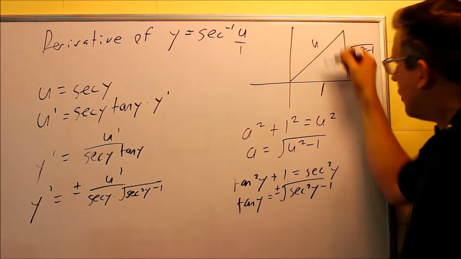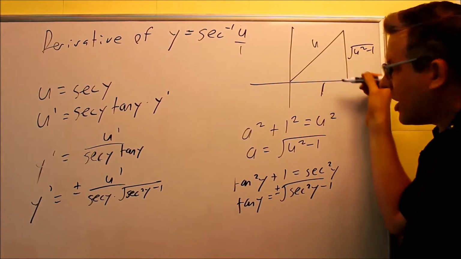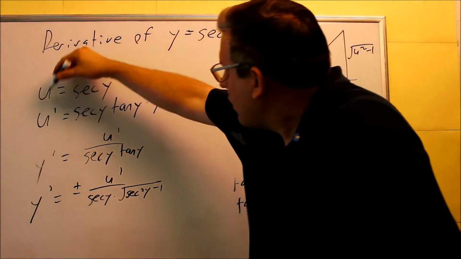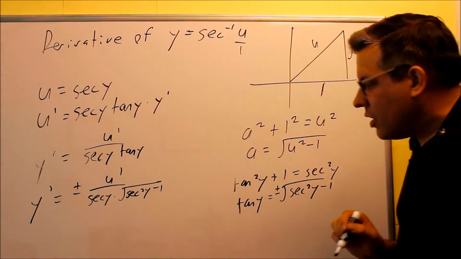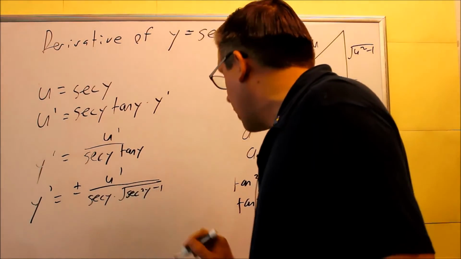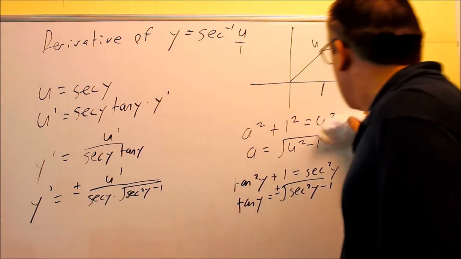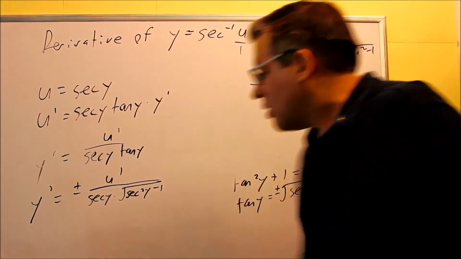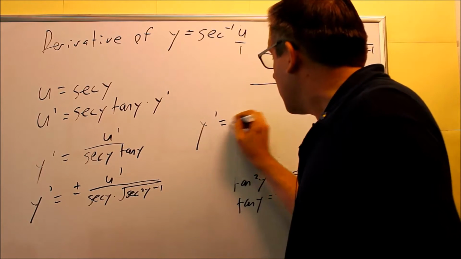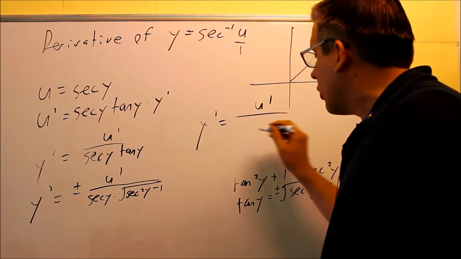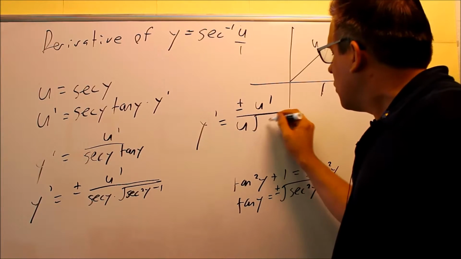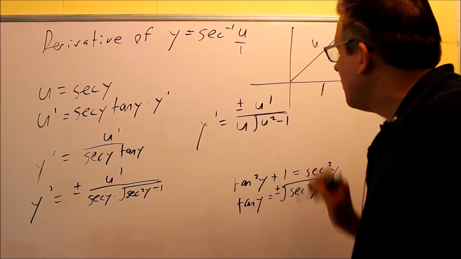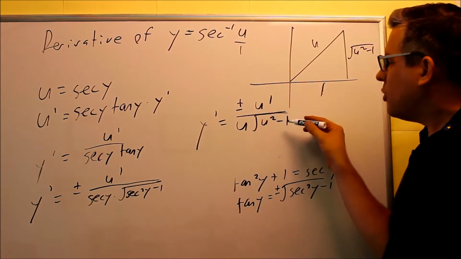Secant y is what we originally set up, so I could actually just take it off of here, or just recognize again that everywhere I see a secant y, I can replace it with a u. So therefore, your y primed can be written as u primed over u, and don't forget there's plus or minus here, square root of u squared minus 1. Okay, so plus or minus u primed over this.